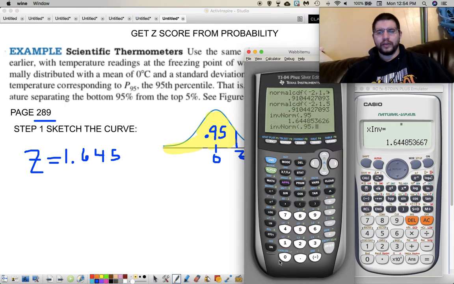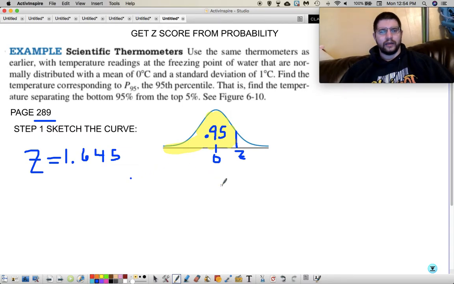But I can always put in the mean and standard deviation there. 1.6448. So that does round to 1.645. Okay. So that's how we go the other way around to get the z-score from a particular area.